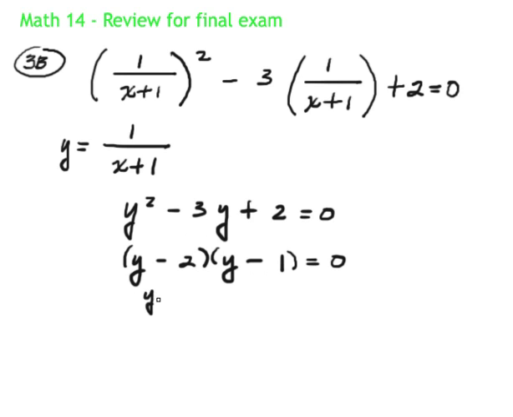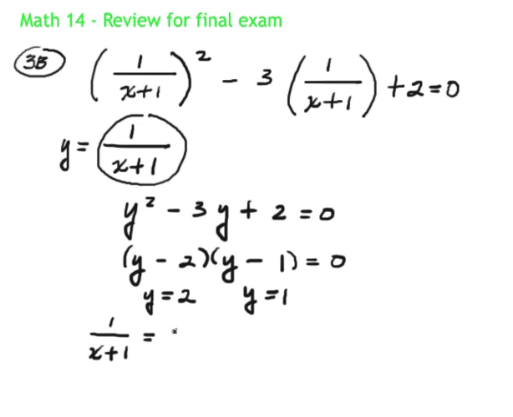All right, so we have two solutions, y equal 2 and y equal 1. And now we replace y by what it's equal to, to get the x solutions. So we have 1 over x plus 1 is equal to 2, and 1 over x plus 1 is equal to 1.